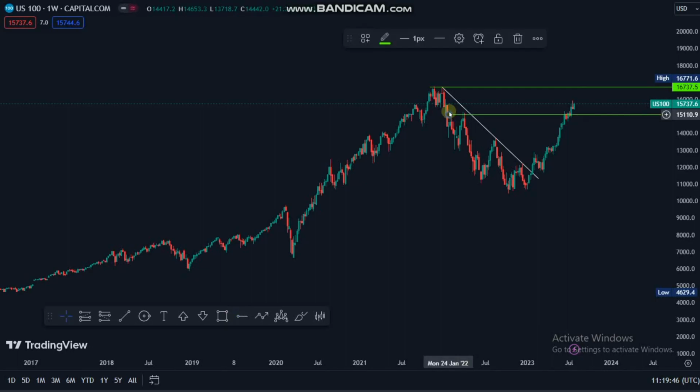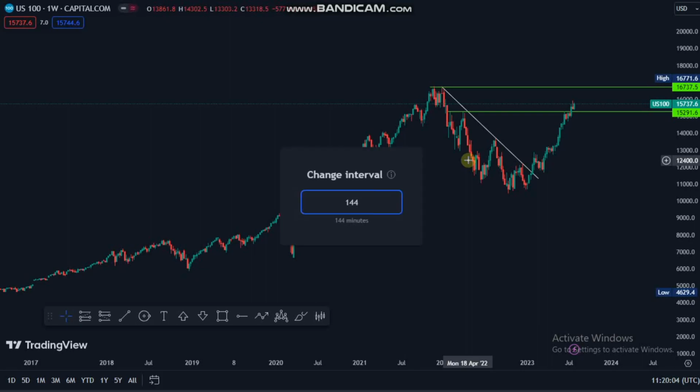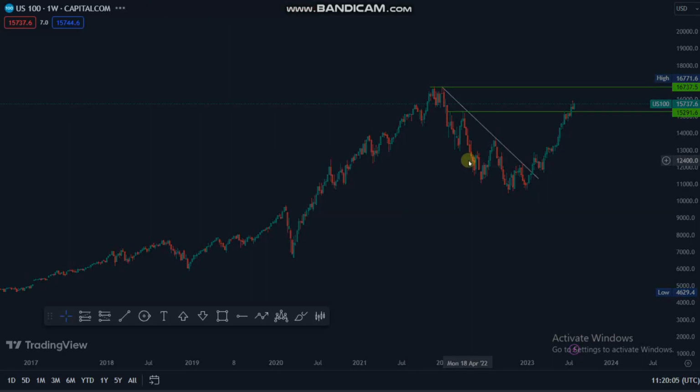Let me just place it nicely over here. Okay, yeah, so you can see that here we were rejecting a lot, then went up. This can be seen as a retest, then now we can continue to the upside. But I'm gonna go over to a daily time frame or a 4-hour time frame to see what the market is actually giving us, you know.